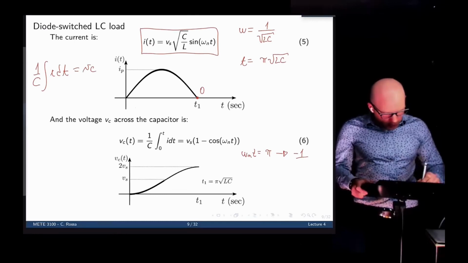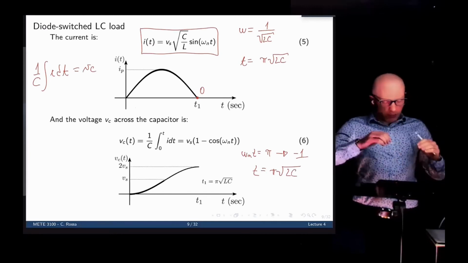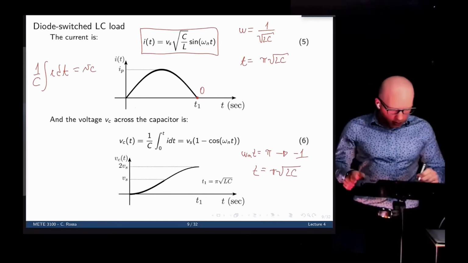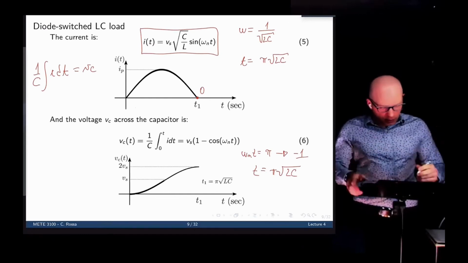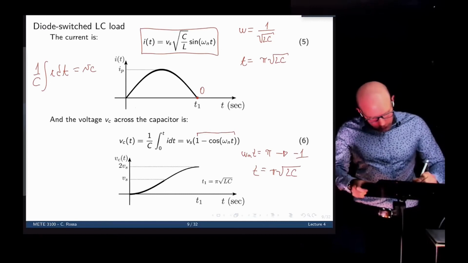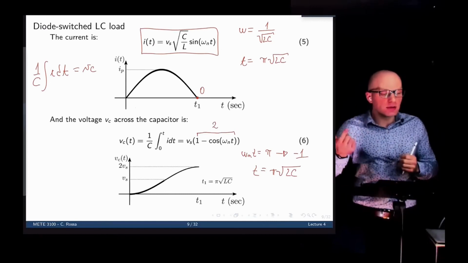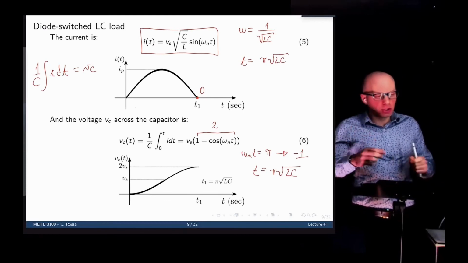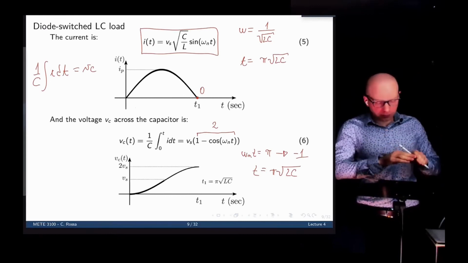And this will be achieved when t equals pi times the square root of LC. When you replace t, we have cosine of pi, which is -1. So this whole thing here becomes 2. And the final capacitor voltage now tends to 2 times the input voltage, and the system reaches a steady state there and is blocked there.